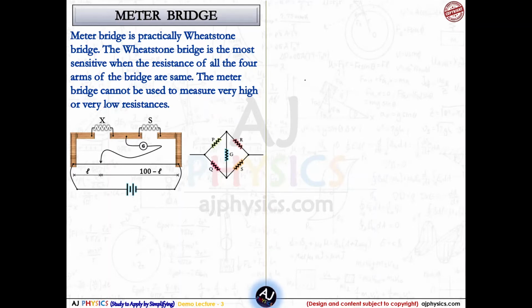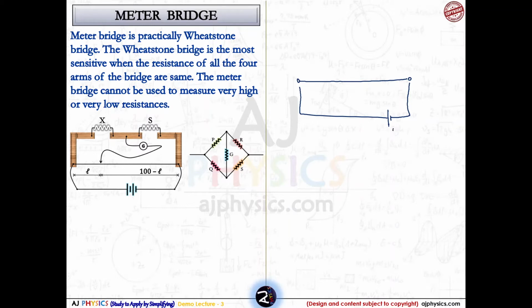All right. Before discussing further, we'll discuss one important point here. We'll be having one wire which will be connected with some voltage cell, and the voltage will be divided across the wire throughout the wire.